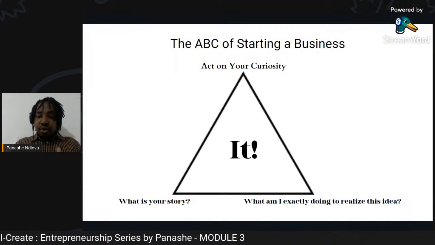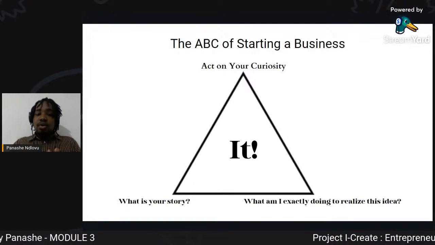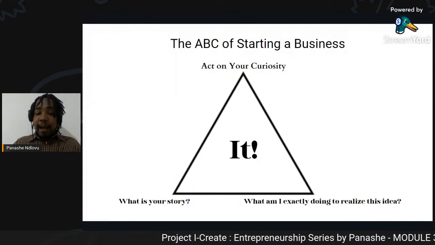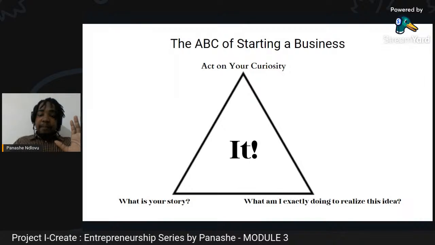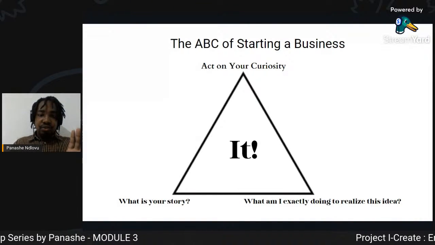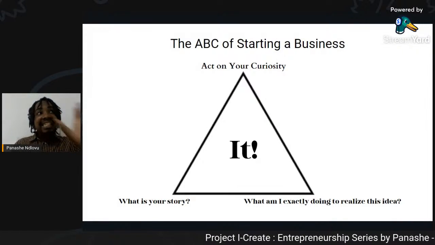Okay. So when it comes to curiosity, the question is always, what are the things that you find natural, right? Really, what are the ideas that are coming naturally to you as you are thinking about starting a business?